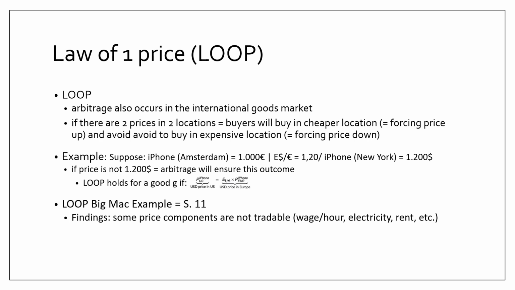They are tradable and standardized goods. Types of goods for which the LOOP doesn't hold well are personal services like healthcare, education, restaurant meals, etc. Also housing, transportation, and utilities. These are non-tradable goods and services.